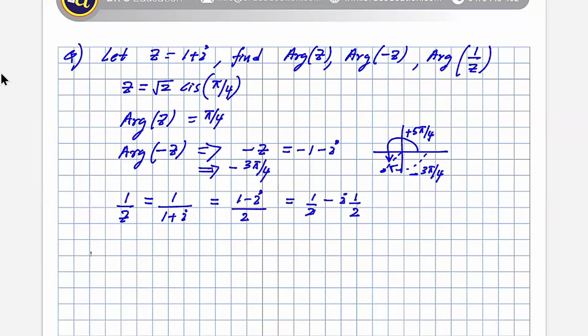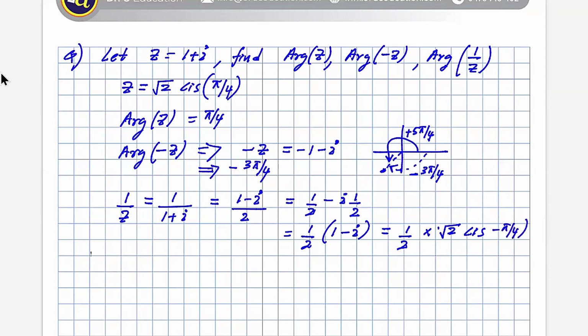What is that? Convert that into cis form for me. So take half out, 1 minus I. So 1 minus I is what? 1 minus I is half, actually half times square root 2 cis negative pi divided by 4.